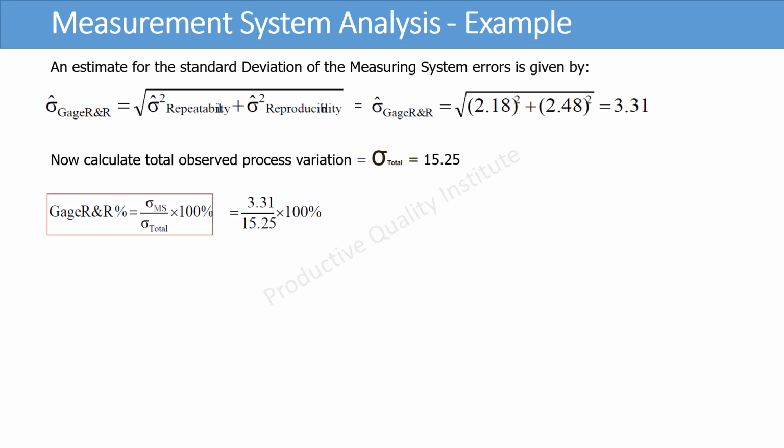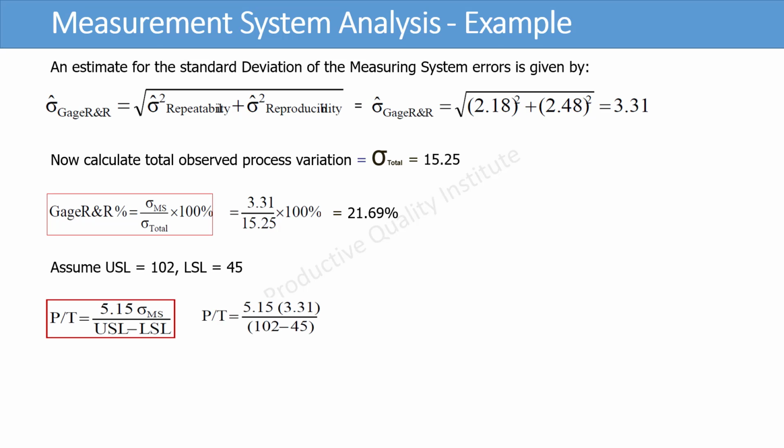So, the gauge R percent is equal to 21.69%. Now, assume USL is equal to 102 and LSL is equal to 45. Then, by calculating the precision to tolerance ratio, according to its equation, we found that it is equal to 29.88%. Both values are acceptable because they are smaller than 30%.